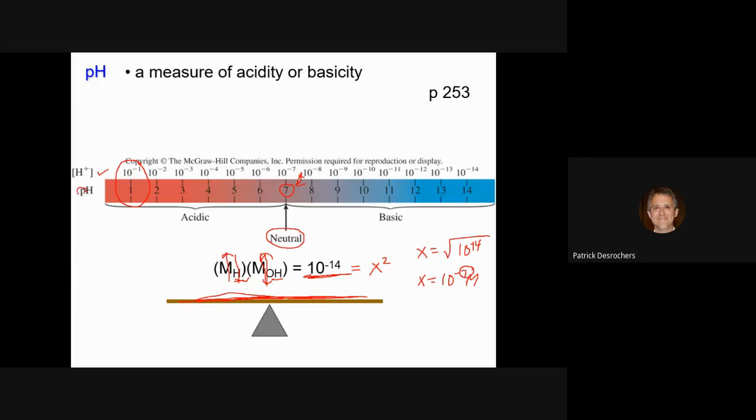Because that's where that letter P comes from. So the number on the scale is equal to the negative version of the 10 to the blank. That's it exactly. And the P in pH stands for power. It's sort of like the power of hydrogen, if you will, is where it comes from.